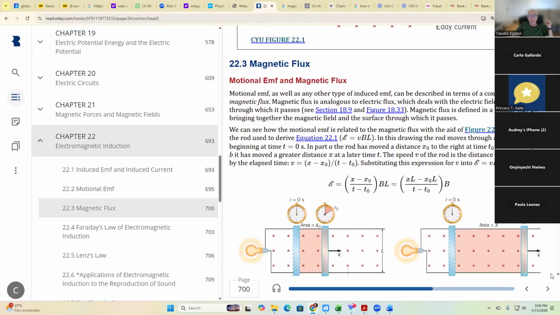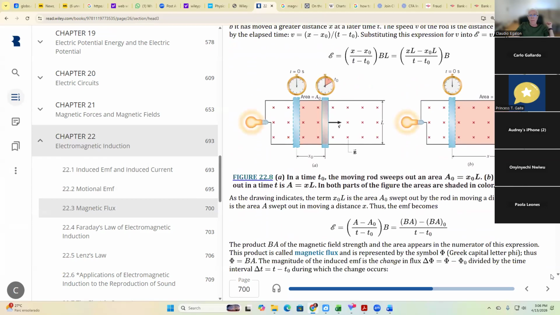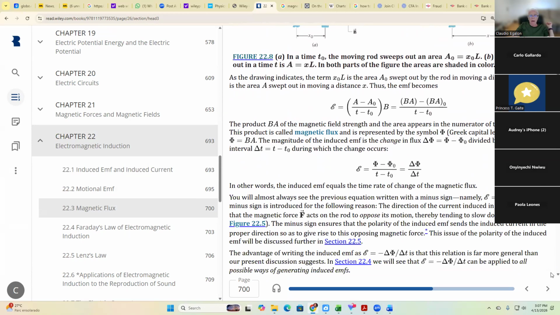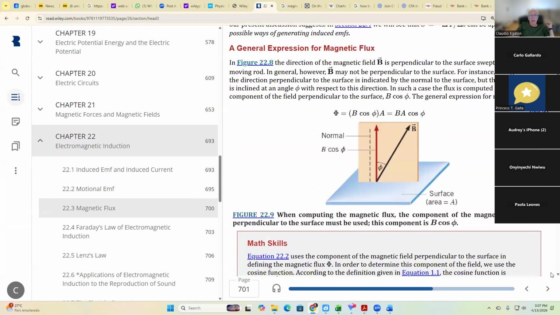Magnetic flux. And we cover magnetic flux as well. I did a problem similar to this one. Here is the general expression for the magnetic flux.